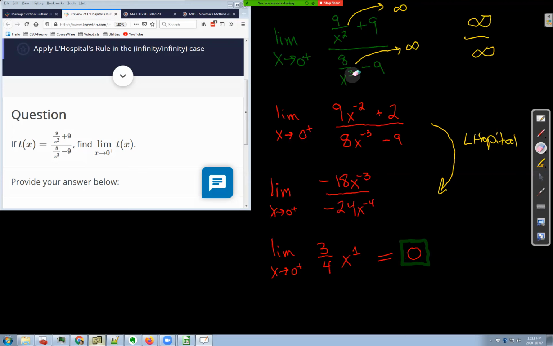But x to the third power is a bigger exponent than the second power. And so that means that as x gets close to 0, this denominator is going to 0 faster than this denominator. And if this denominator is going to 0 faster, then this fraction is going to infinity faster.